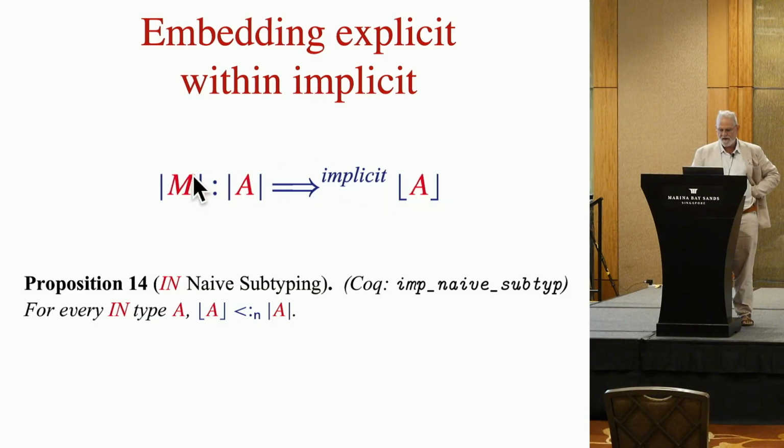And then if I've got a term M, I think I should say implicit within explicit, sorry, wrong label. M is my implicit term, because it's red.